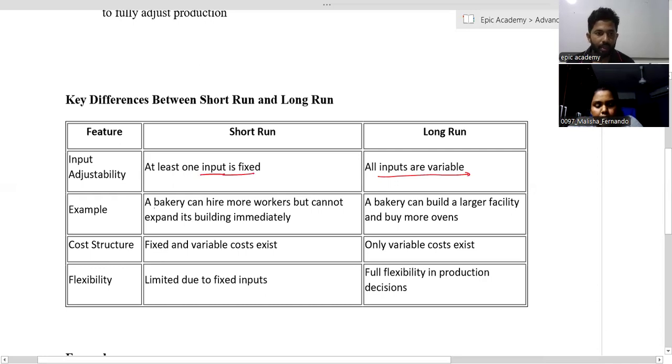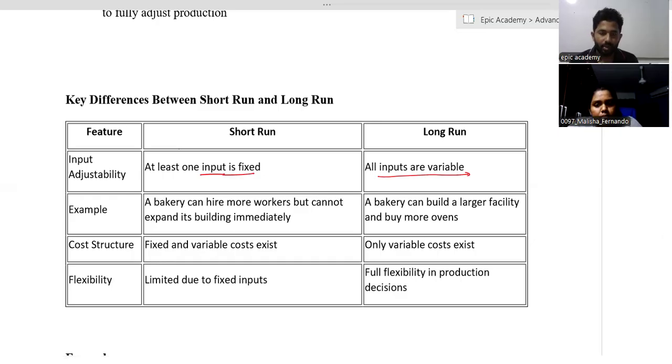Example: a bakery can hire more workers but cannot expand the building immediately, isn't it? Yes, they can hire three or five or six more workers, but they cannot change the building immediately because they don't have enough money to change that. This is very easy to identify with that kind of example.